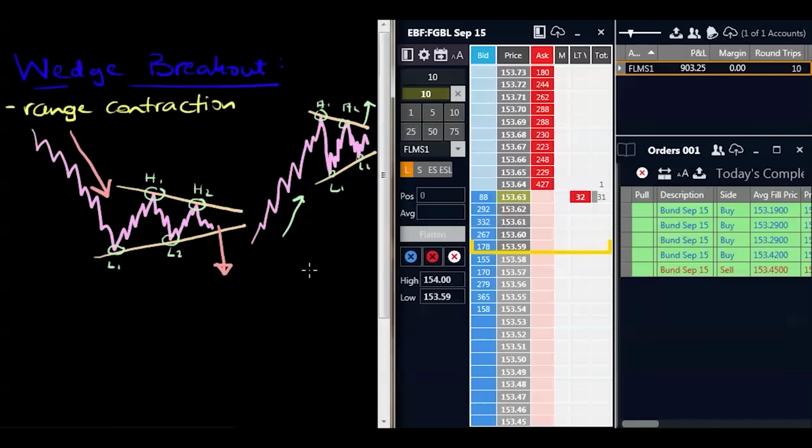Now, in terms of the example, I don't want to go too much through how the actual pattern plays out because this is not a strict technical analysis course. We're really just focusing on the price action, hopefully, as you guys can see in this whole course. So what I'm going to do is actually just jump into the example.